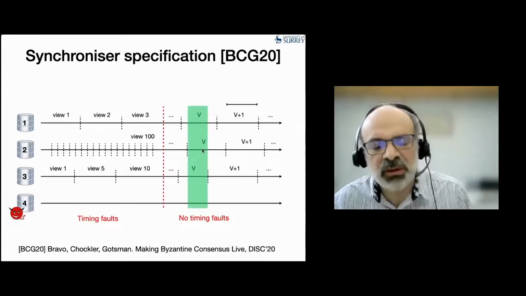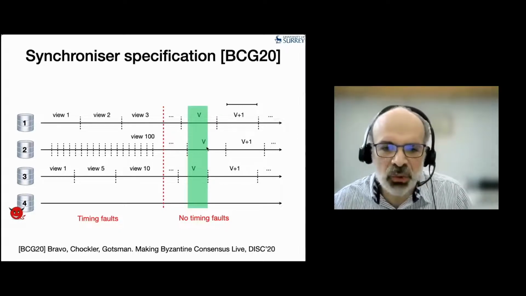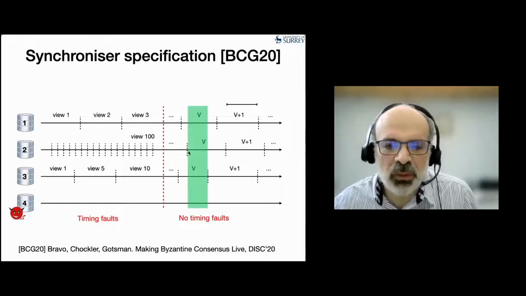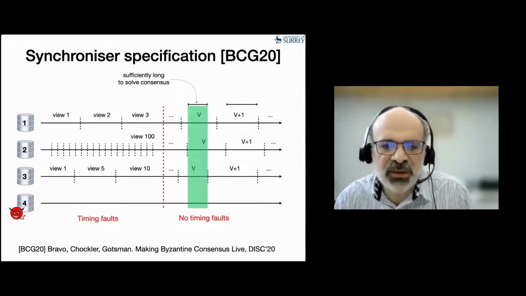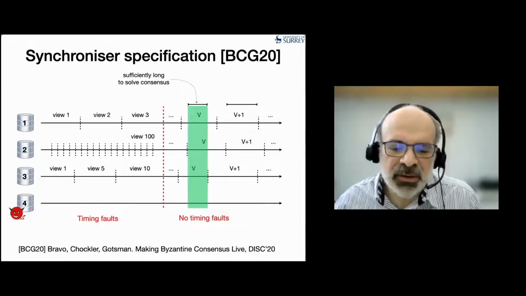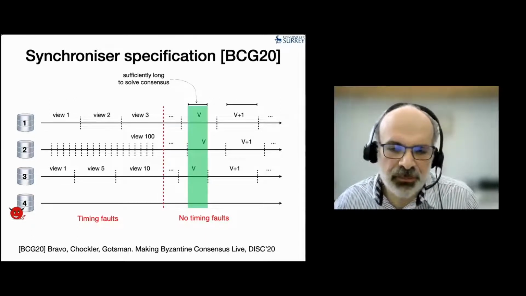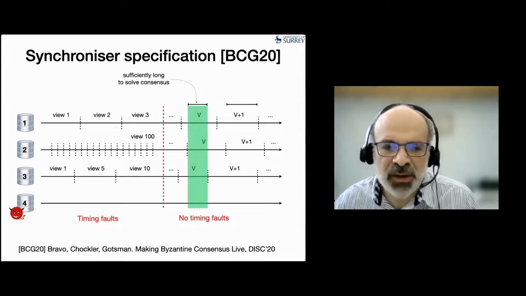This green area shows the overlap. If we can ensure this overlap is of a proper size, meaning enough time to solve consensus, then the Synchronizer has achieved its goal. That's the most important part of the Synchronizer specification.